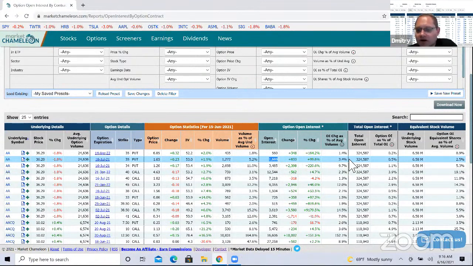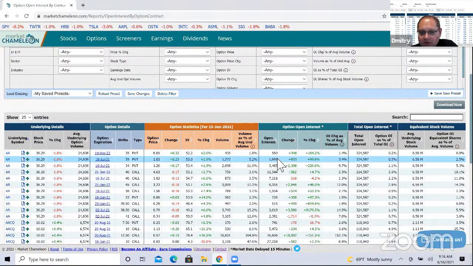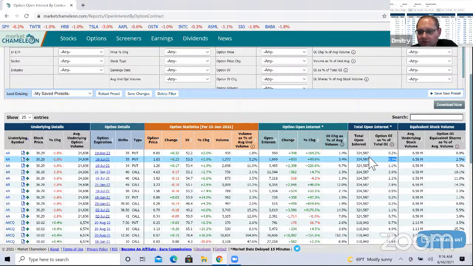We're trying to find out where the open interest is concentrated on AAA. There's a total of 324,587 contracts right now, open interest in total in this stock. So this one option contract is only 0.5% of the total open interest.